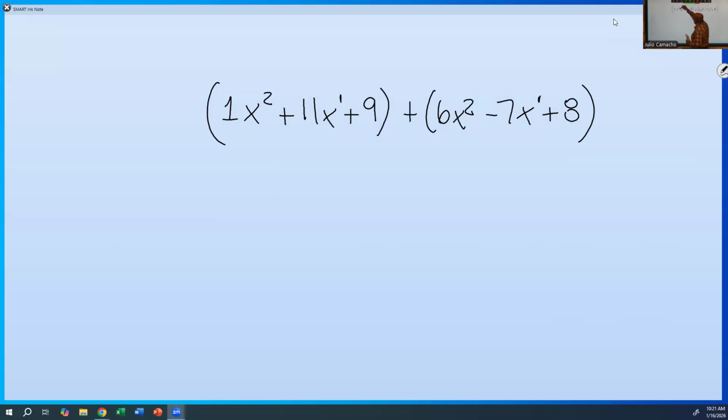If you see a variable x, p, d, any letter that doesn't have a power, the default power is 1. So if you don't see a coefficient, you know that there is a 1 in front. And if you don't see a power, you know that there is a 1 in the top as an exponent. And I put them there for you guys.